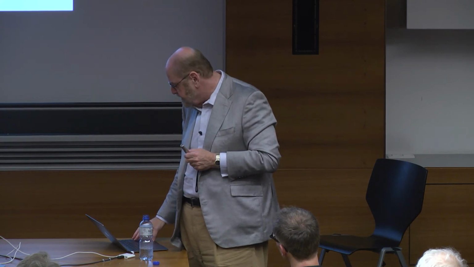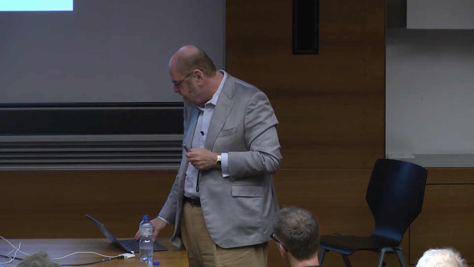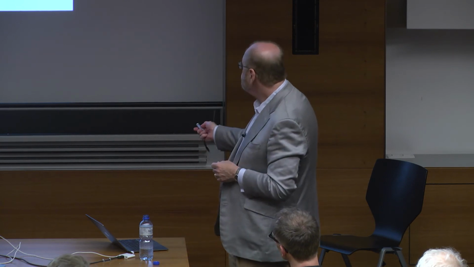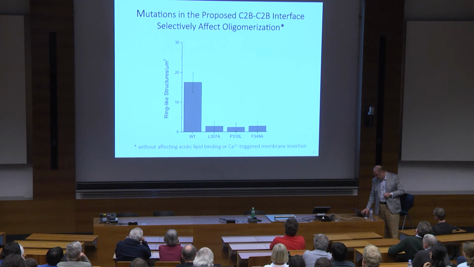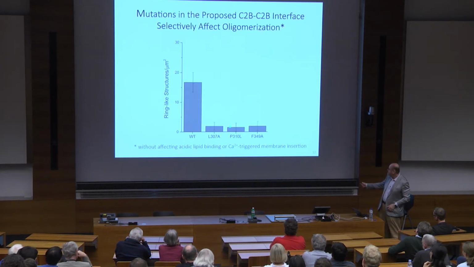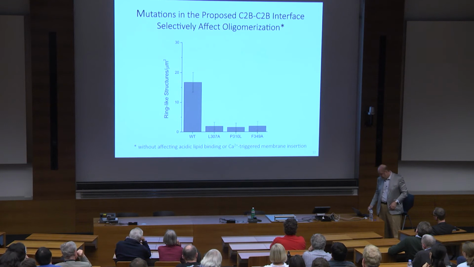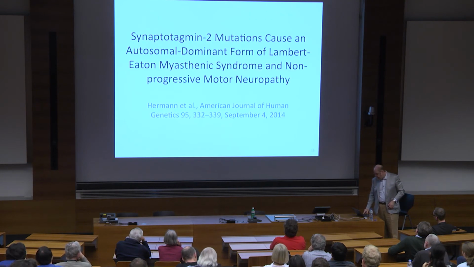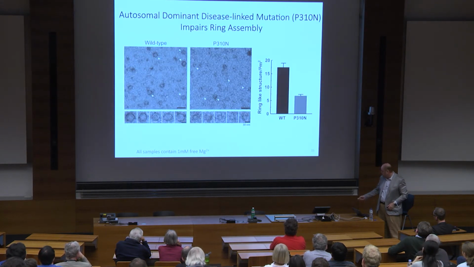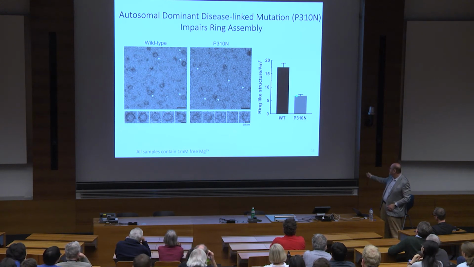So Oscar decided to test this protein, P310N. Now, actually, for those of you with photographic memory, which does not include me, this happens to be a residue that he had located independently at the interface. And when that's changed to leucine, there is no ring. When nature, in this unfortunate family, changed it to an asparagine, there are fewer rings.